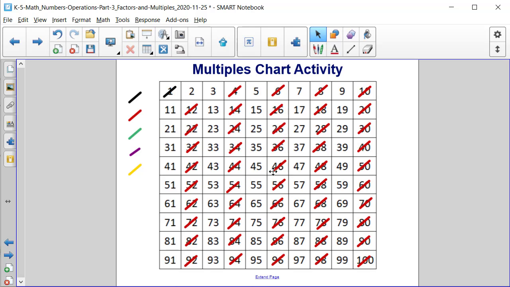And then once we have all of the multiples of 2 that are greater than 2 crossed out, or all of the even numbers, we can now look at the multiples of 3 that are greater than 3.